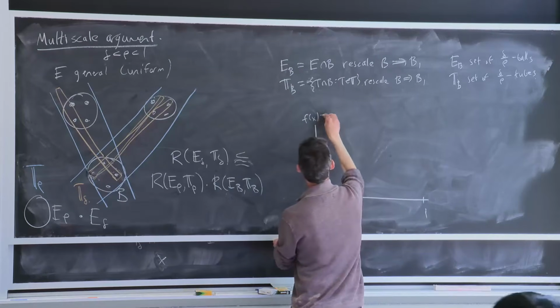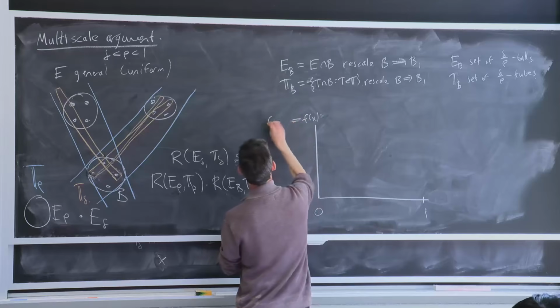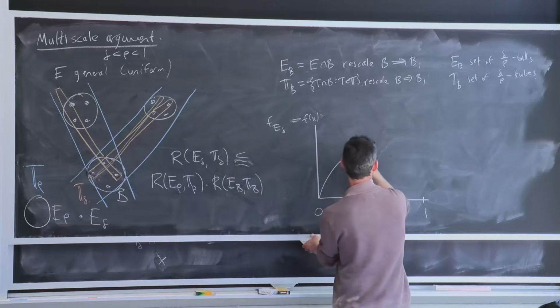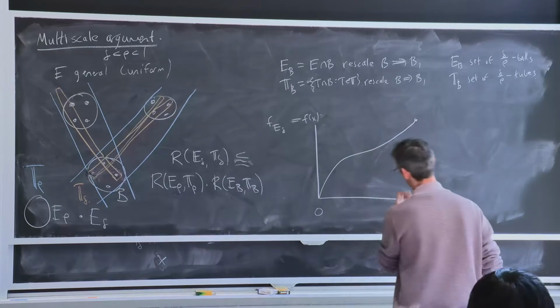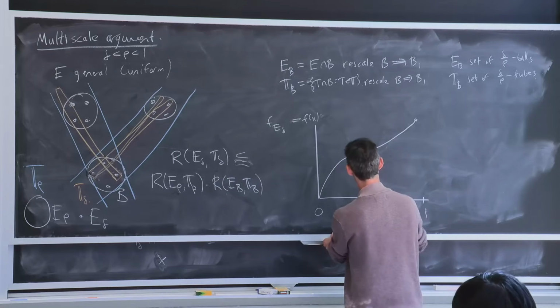So f of x itself, this is the branching function of E delta. And it looks like something. OK, could be anything. And then we have this scale rho. So over here is log delta of rho.